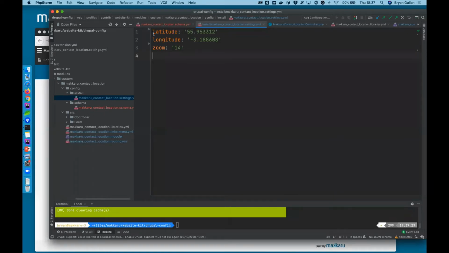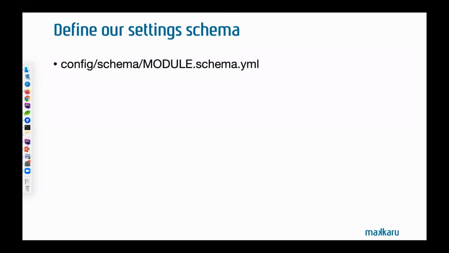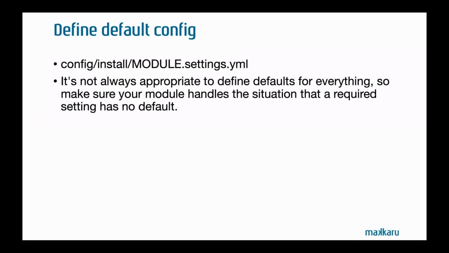Obviously, in real world usage, providing a default location for this sort of thing is probably not appropriate. So let's just have a wee look at the next set. There's our settings. You'll notice, of course, I didn't have a default value for the API key. That's definitely not something you want to lock into your potentially distributed module.